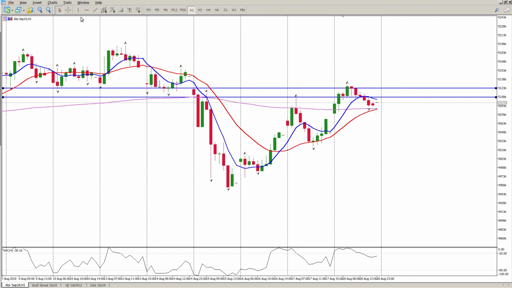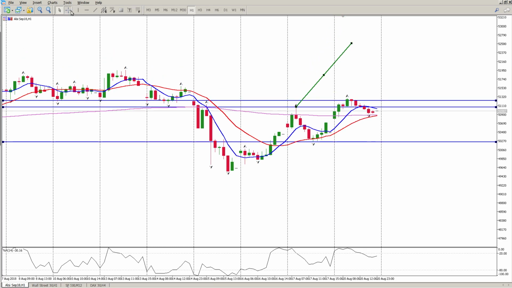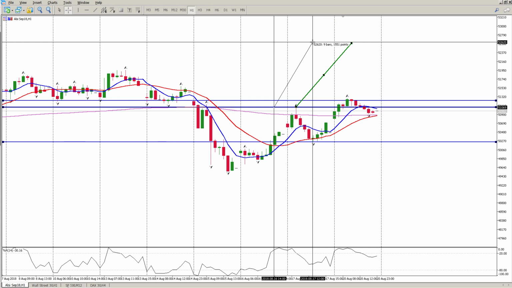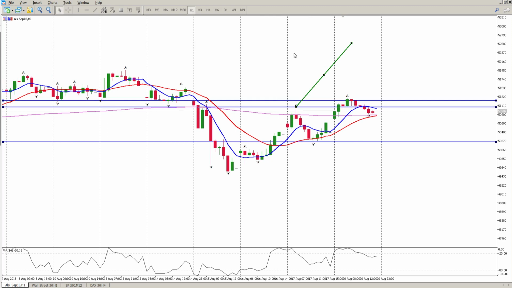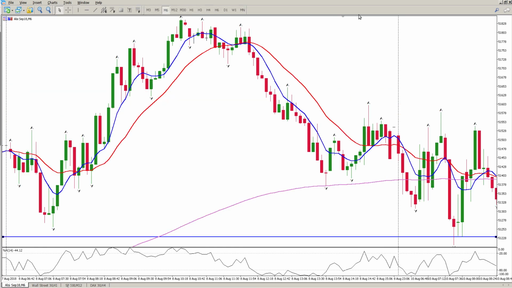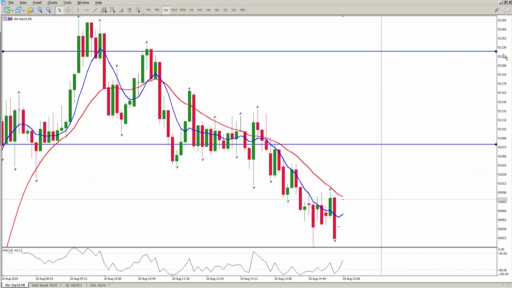As long as this level of 52.50 holds, we do have the potential for a cup and handle. And a cup and handle is going to be massive. It's 1,500 points. But I think rather, just stay down at the lower time frames and trade what you see here.